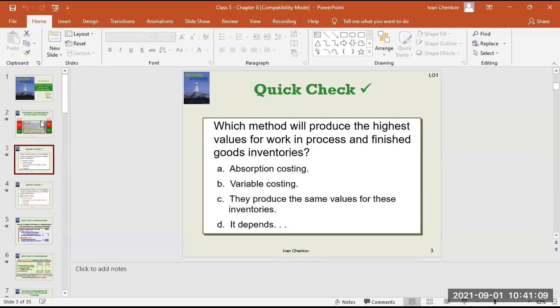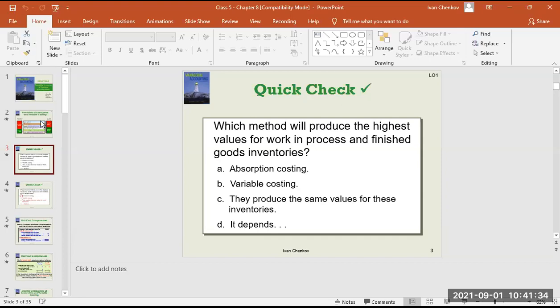So which method is going to give the highest value of work in process and finished goods inventory? What do you think? Any guess? C.